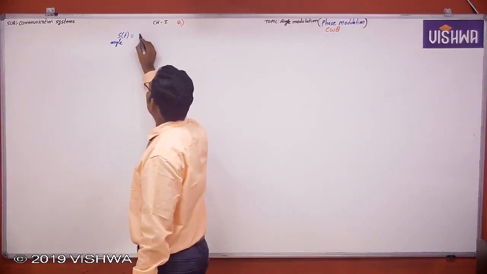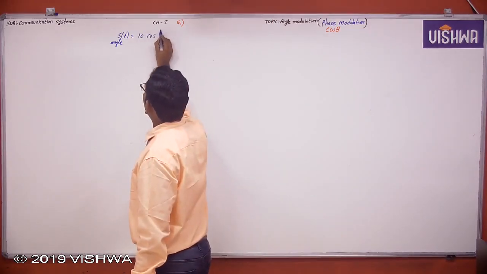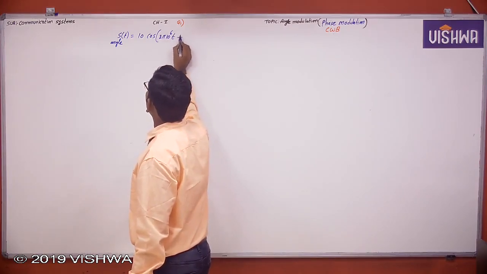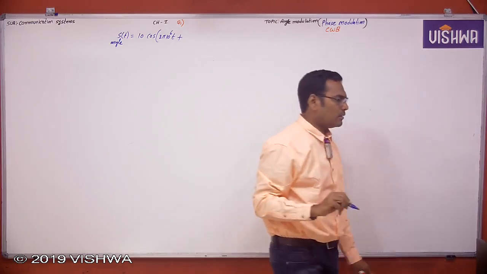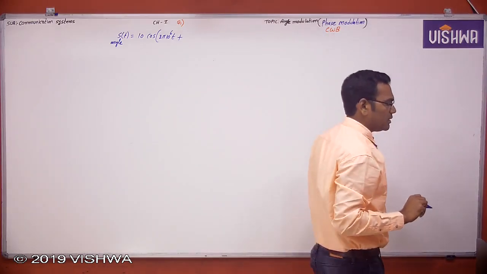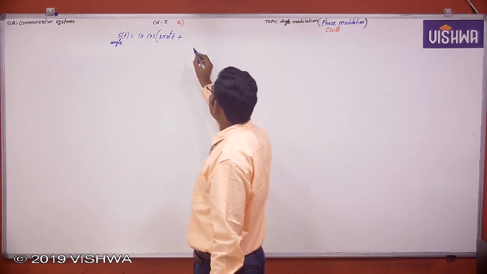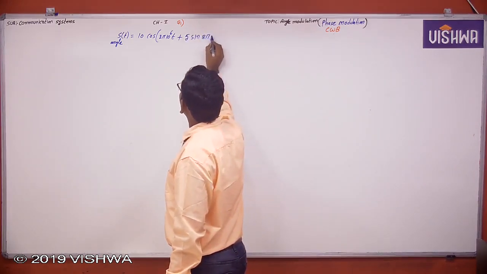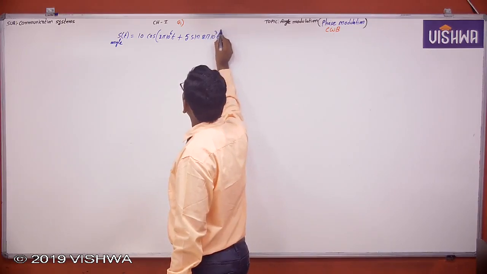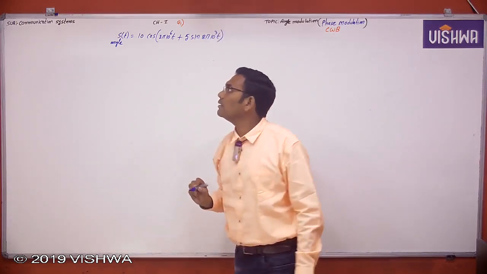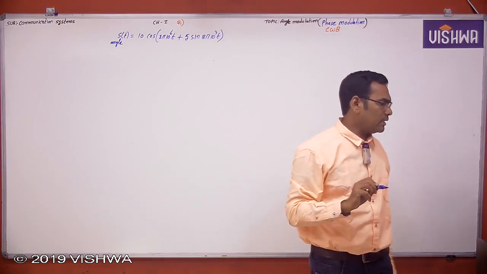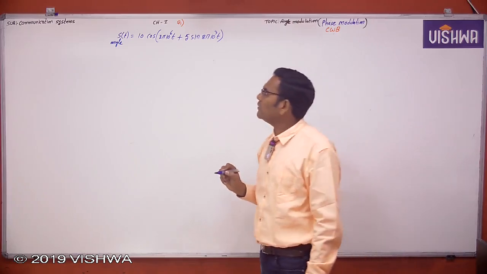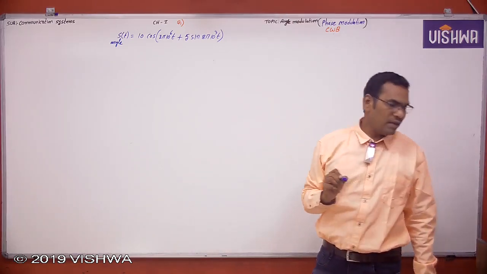So S of t is equal to 10 cos 2 pi into 10 power 6 t plus 5 sin 8 pi into 10 power 3 t. Now this is an angle modulated signal represented in time domain. What he is asking is to determine the frequency deviation and phase deviation.